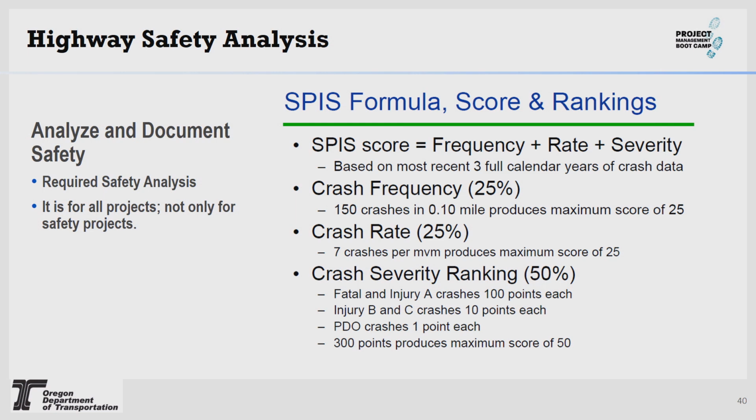Please note that not all crashes can be mitigated through engineering measures. We have 3 E's in traffic engineering: engineering, education, and enforcement. When we work with all 3 E's and we still cannot avoid that crash, what happens?